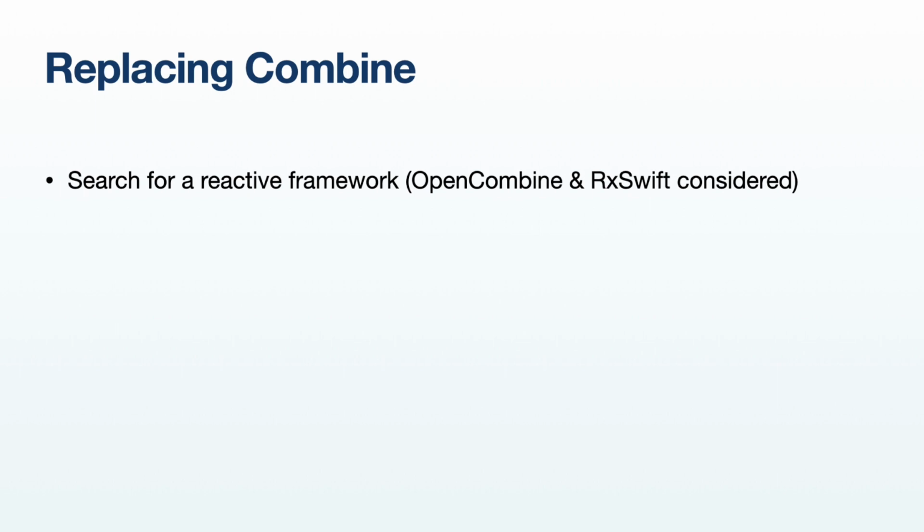First of all, we considered RxSwift, which is a quite broadly used reactive framework, quite well known. You probably already know it. And there's something called OpenCombine, which is a framework that was developed specifically for this purpose, for people who wanted to work with Combine, but also wanted to have support for iOS 12 and earlier versions of iOS.